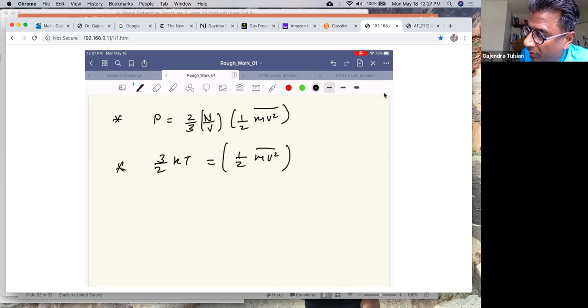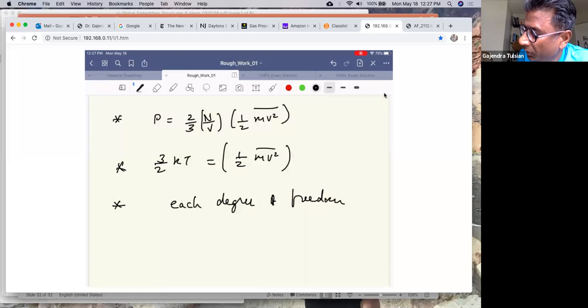Underlying this expression is that each degree of freedom of a molecule contributes 1/2 kT to the energy of the system. That's the equipartition of energy, and that's an extremely important law.